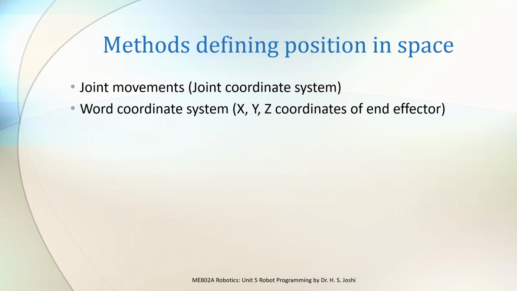So if you are defining an XYZ coordinate in a robot program, we also need to take care of which particular joint combination we need to use in that application, if there are any restrictions on that motion.